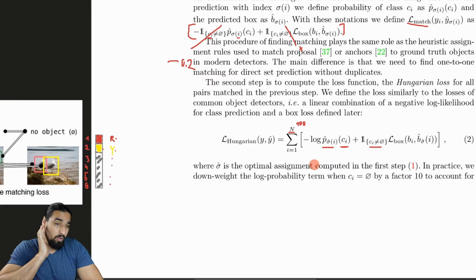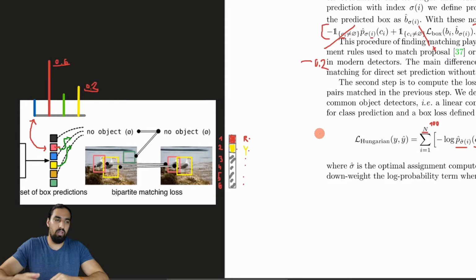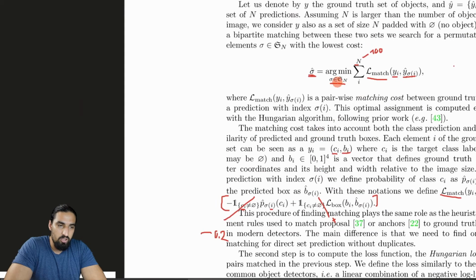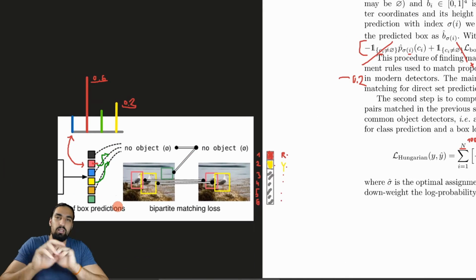That's how everything works. Again, I'm a bit confused by the L box loss, and let me just step out and try to explain this once more on a high level. So again, we are looking for a permutation, this sigma, that minimizes a sum over all of these 100 proposals of this L match, so of this matching loss. And that will lead us to sort the output so that we have perfect matching with the ground truth.